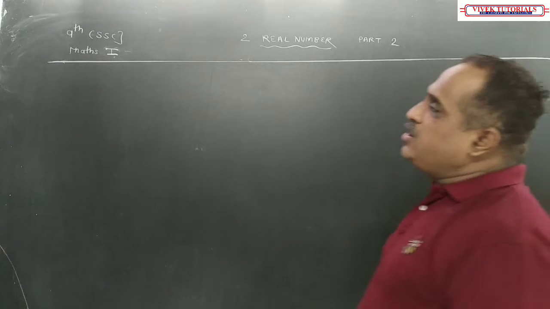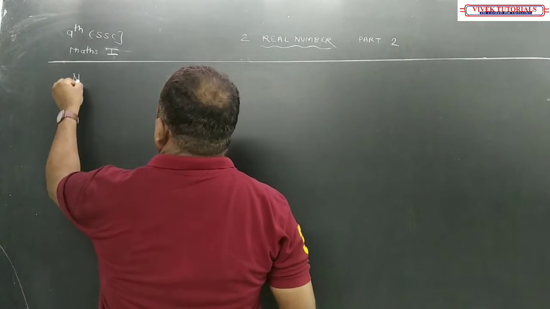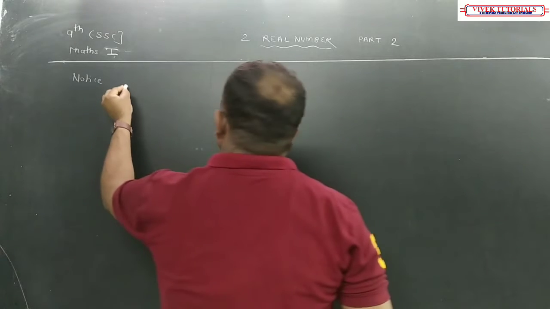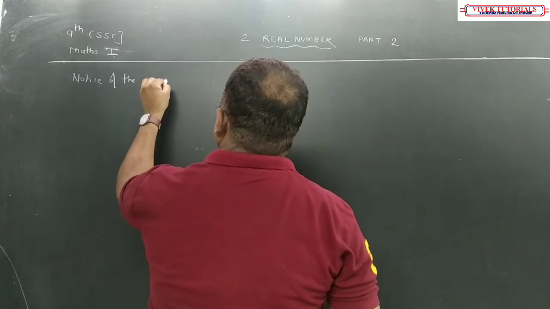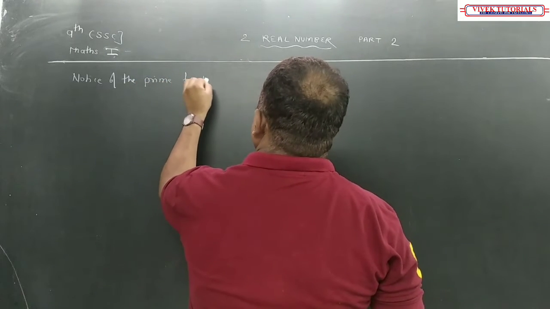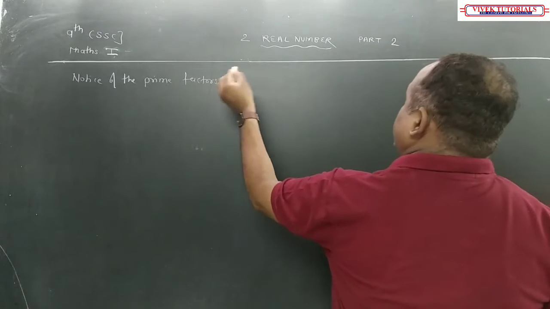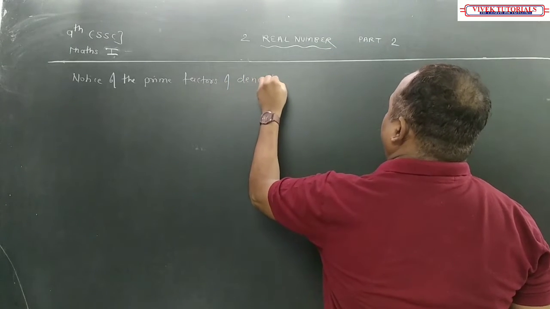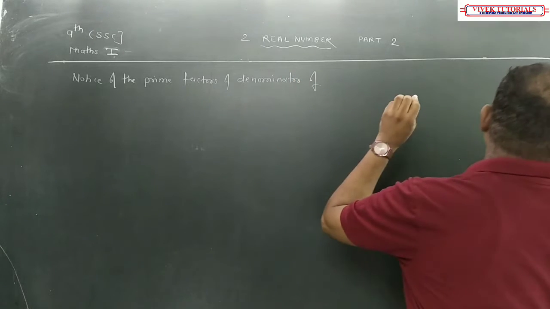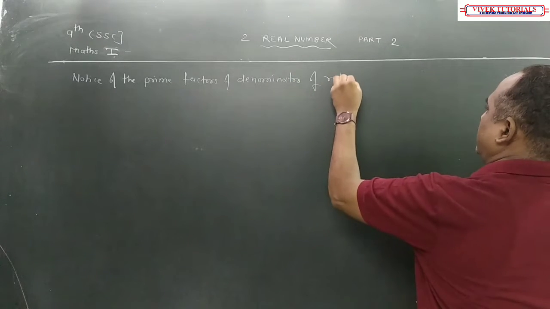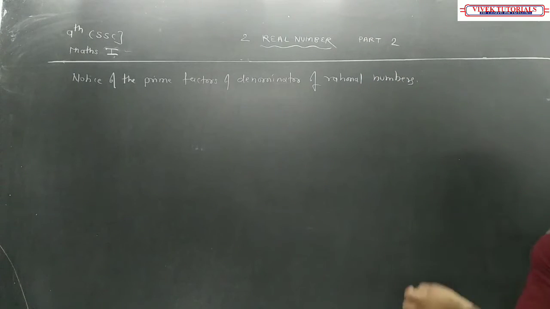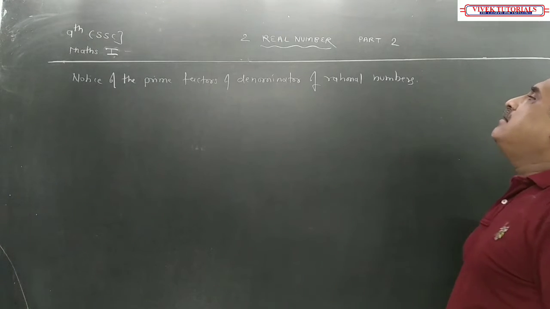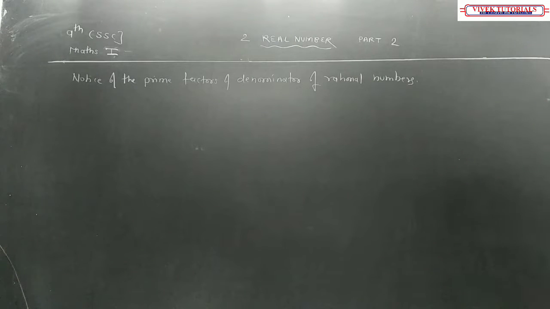They have given one notice in the textbook. So we are going to study the notice of the prime factors of the denominator of rational numbers.